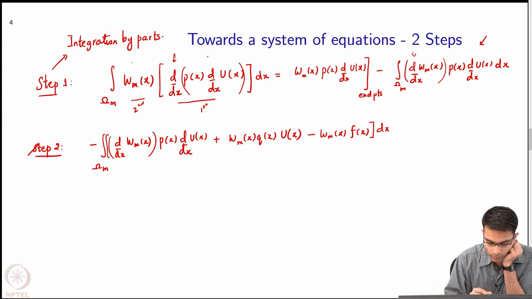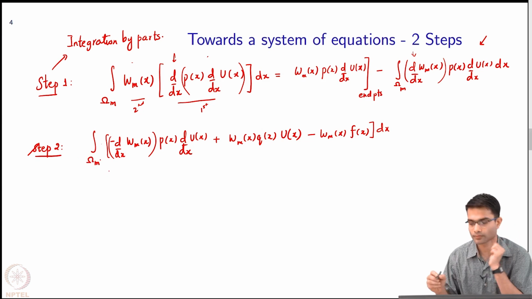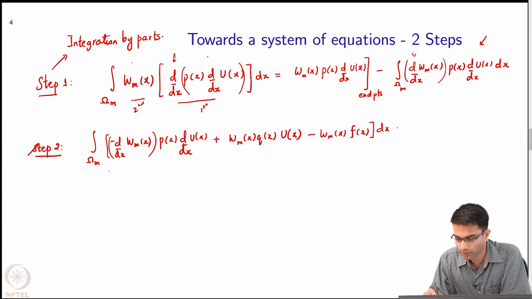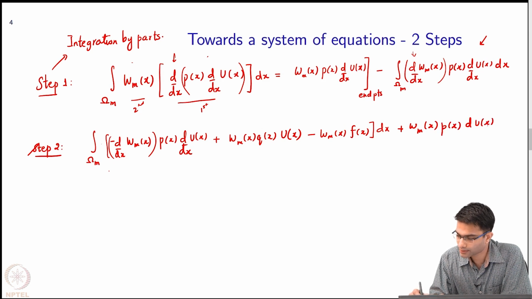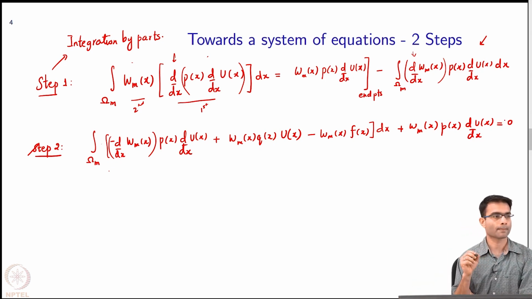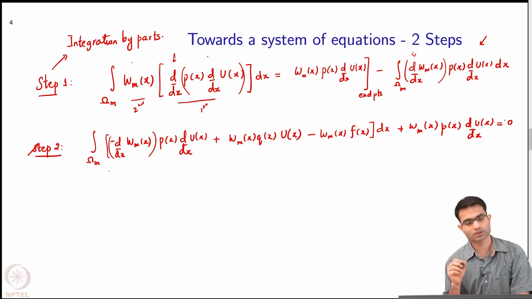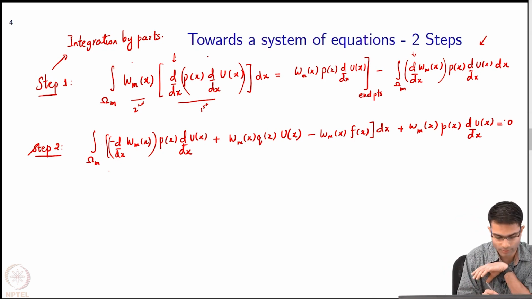Okay. So I'll just write this a little bit carefully. The minus sign is only for this term. Is equal, and plus, now I'll write the endpoint terms, wm x px du by dx equal to 0. This looks very long, but it was very clear what we did, right?